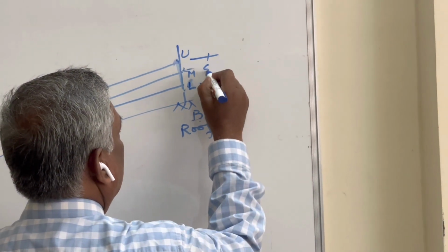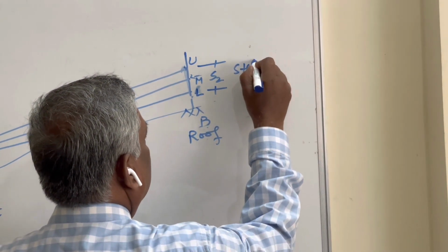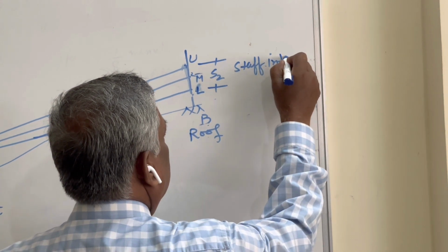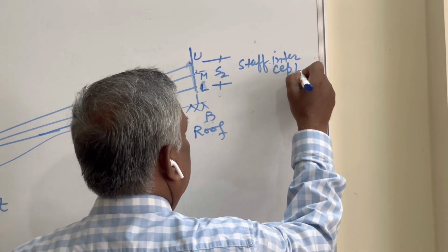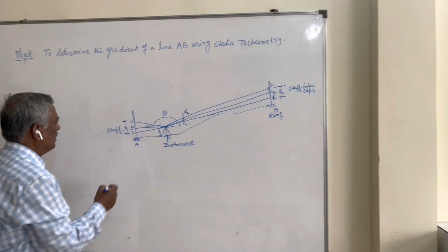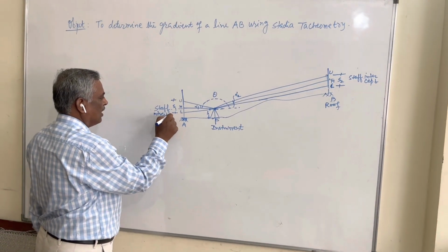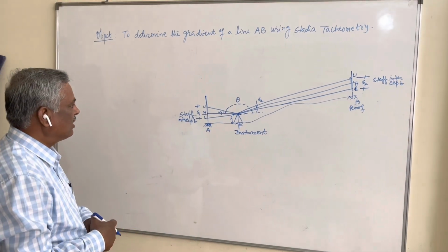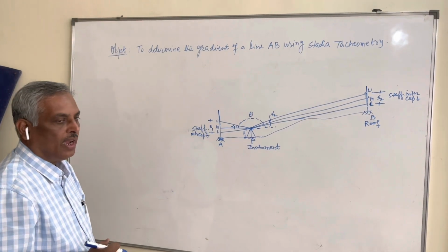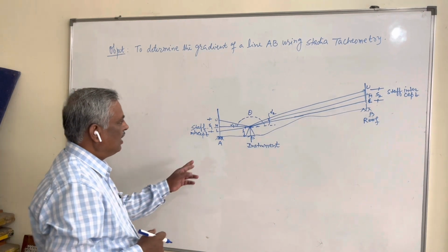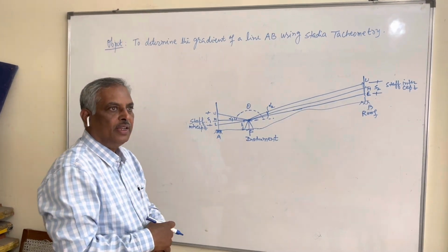This is S2. S1 intercept at the lower station and S2 at the higher station, and we have recorded these readings.